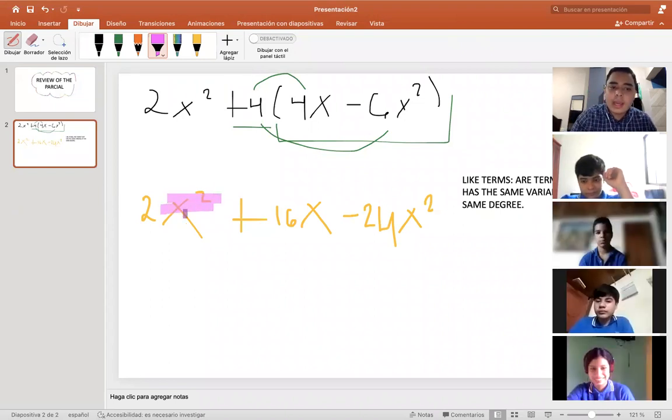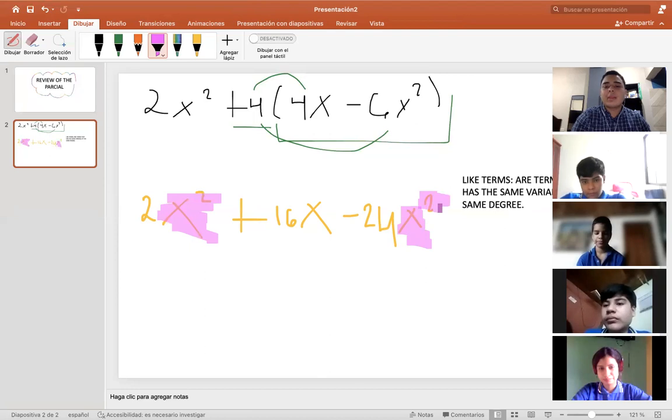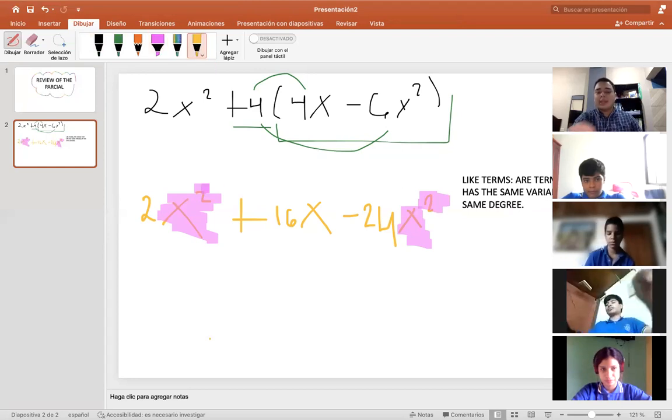Look, they have the same variable, x, at the same degree, the degree is 2. So when we have like terms, we have to add or subtract, just those two operations. But we are not going to touch the variable, just the numbers.